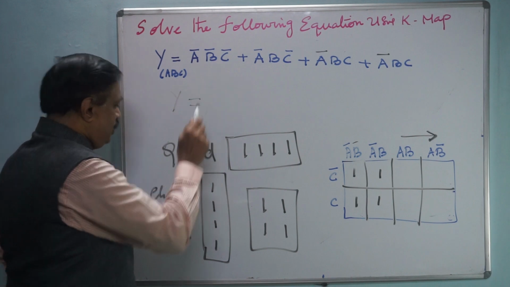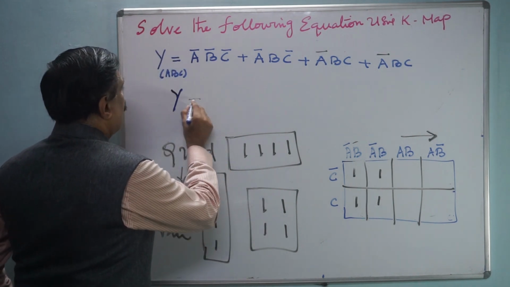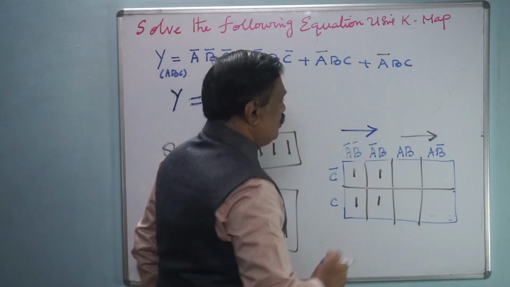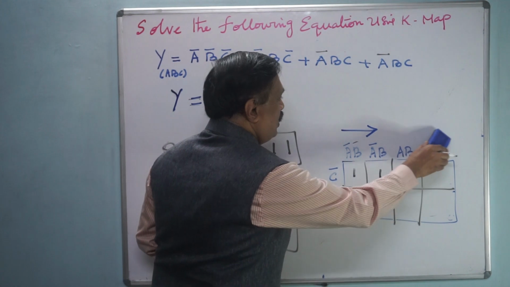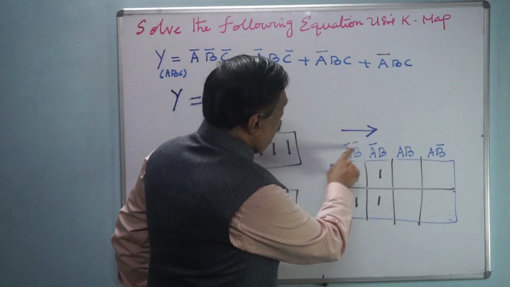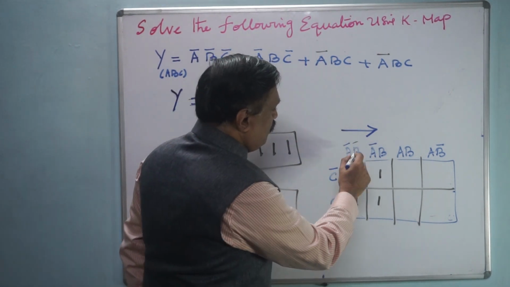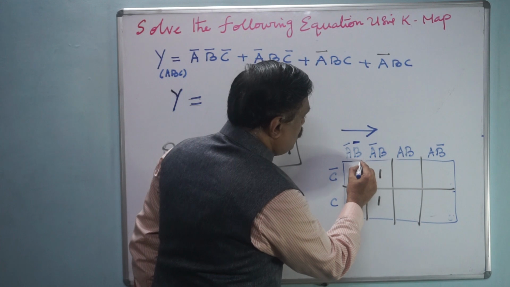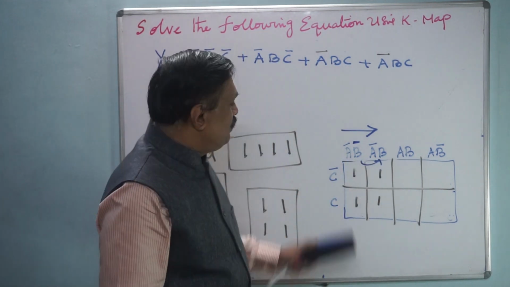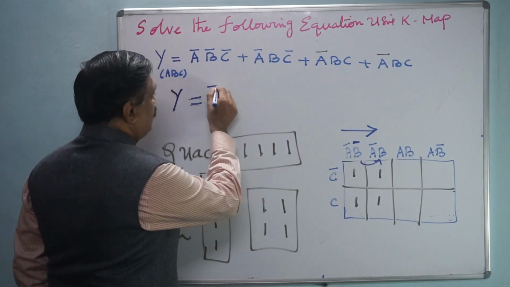Therefore your Y equals... you have to again travel in this direction. Here A bar is same, and B bar is changing to B. If it is changing you have to remove it, if it is same you have to write it, therefore you have to write A bar.